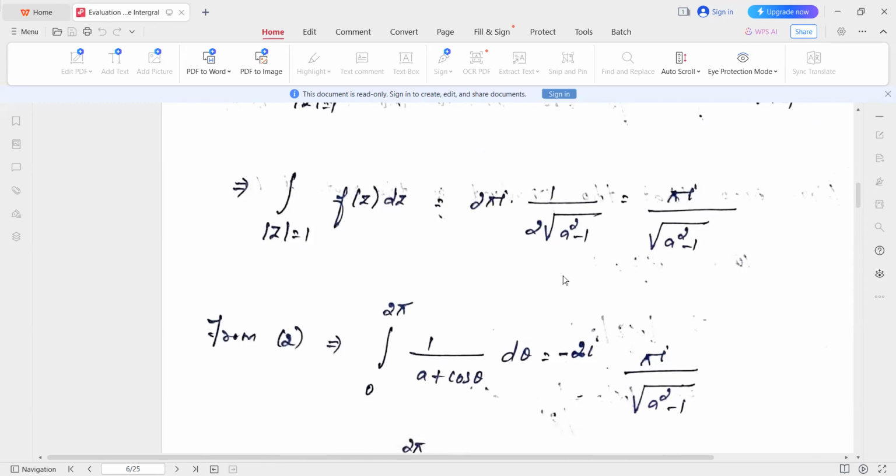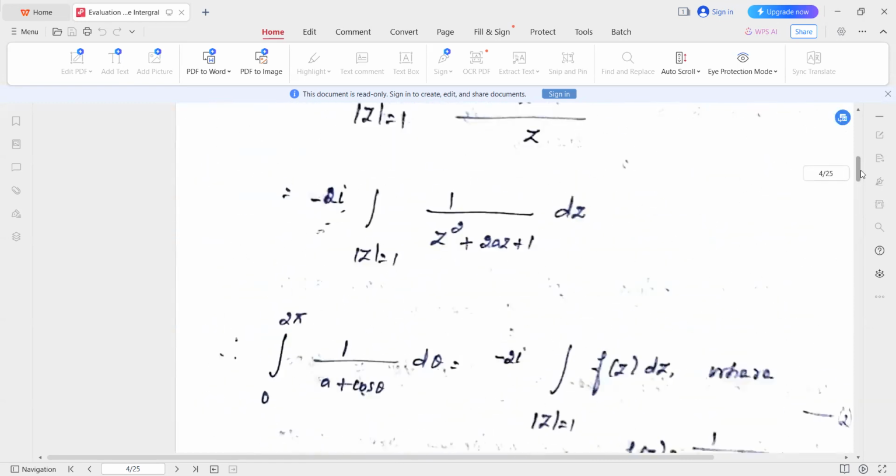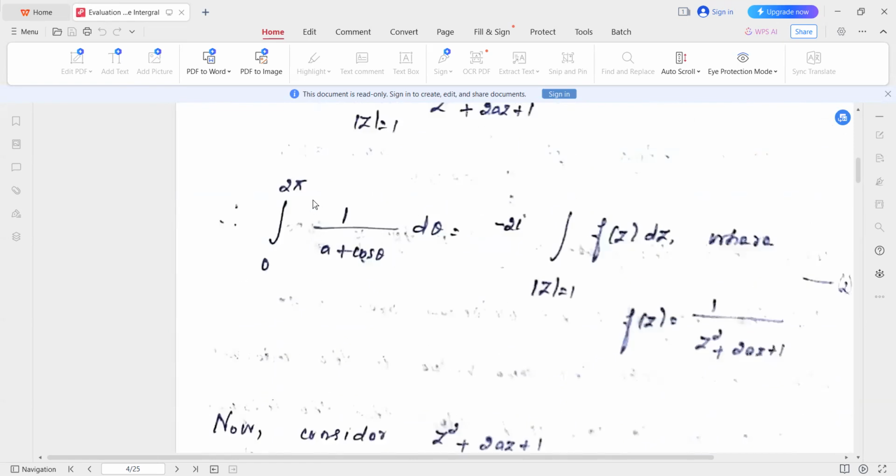So from equation 2, this integral over mod z equal to 1 of f of z dz is equal to the integral over 0 to 2 pi of 1 by a plus cos theta d theta. Sorry, what is in equation 2? Equation 2 is the integral 0 to 2 pi of 1 by a plus cos theta d theta is equal to minus 2 i times this one. Okay. So we have found the value of the integral over mod z equal to 1 of f of z dz. So we are substituting it in this place.